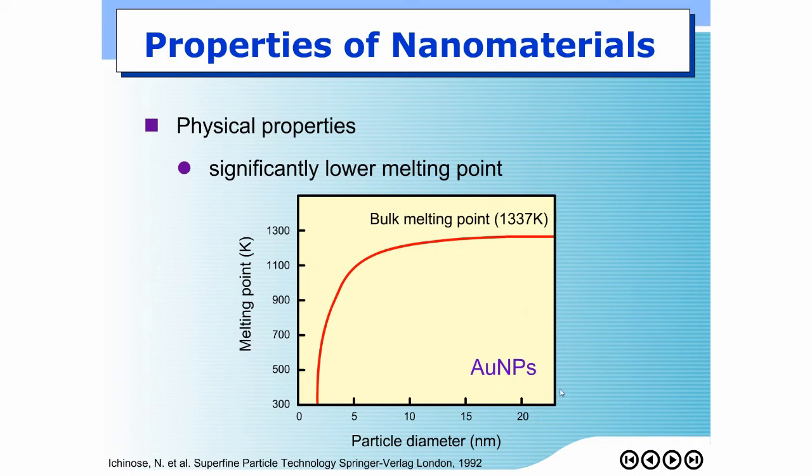If the gold has a particle size around 20 nanometers, the melting point is about the same as bulk gold, which is around 1000 degrees C. But if the particle size is smaller and smaller, down to about 2 or 3 nanometers, the melting point drops down significantly. As I said, this might be good, this might be bad, depending on the application that you want to use. Alright.